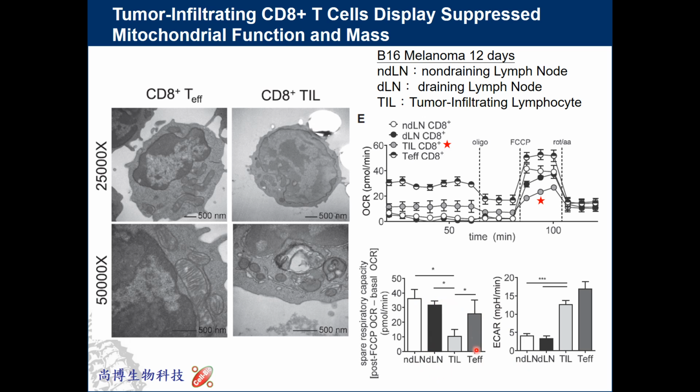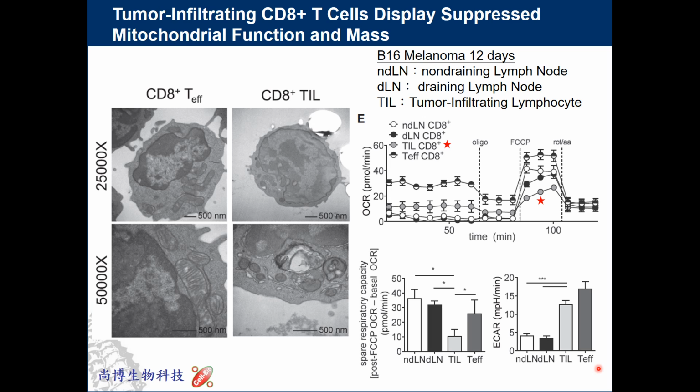And then you can see how about the ECAR. With the good mitochondria, the ECAR of this lymphocyte is very low. But in T cell, because the mitochondria function does not work, it has a higher glycolysis. And then let's ignore the T cell from the cell line in vitro. It is very efficient, both mitochondria and glycolysis.